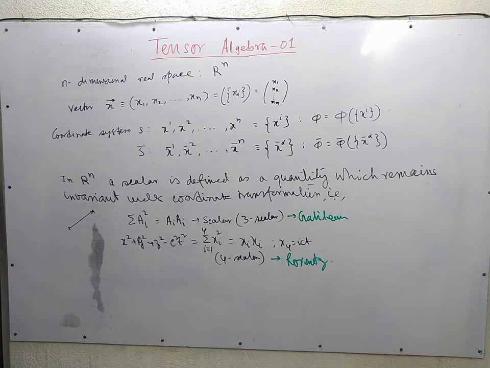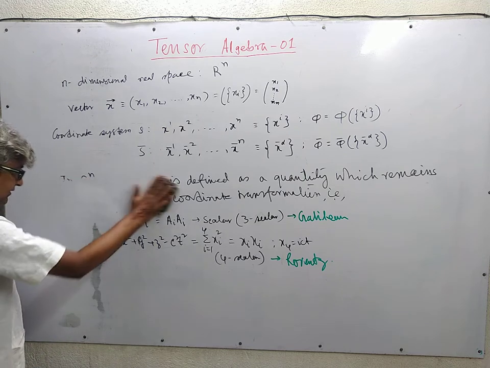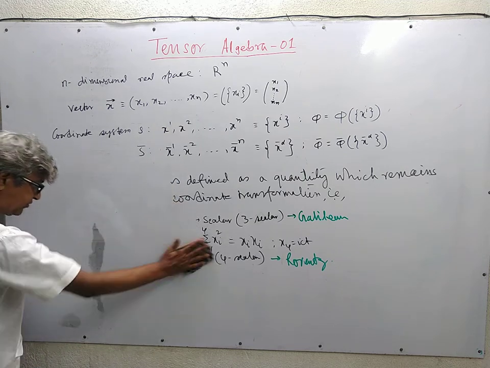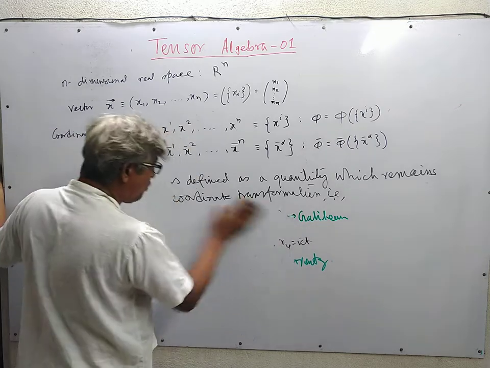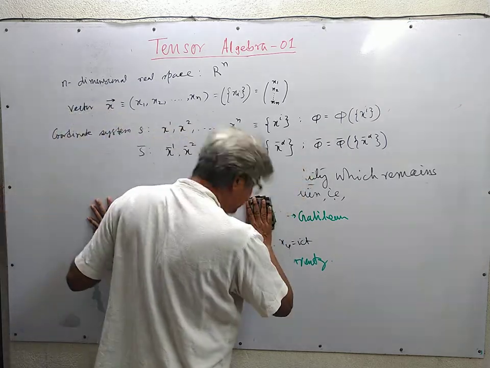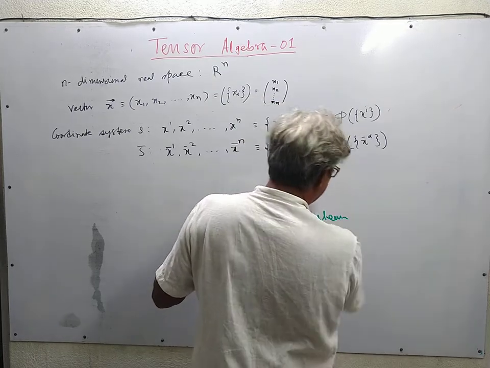In tensor analysis, now we come to the definition of vector. There are two kinds of vector. One is known as the covariant vector, another one is known as the contravariant vector.